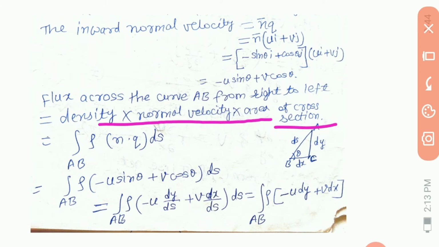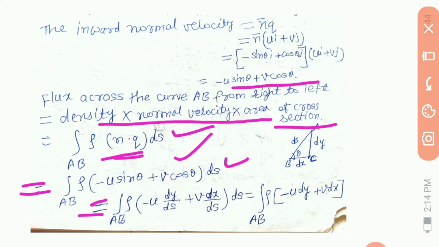So with density rho, it is the integration over curve AB of rho n dot q ds. This is equal to the integration over AB of rho; we have proved n dot q is minus u sin theta plus v cos theta, and ds as it is.